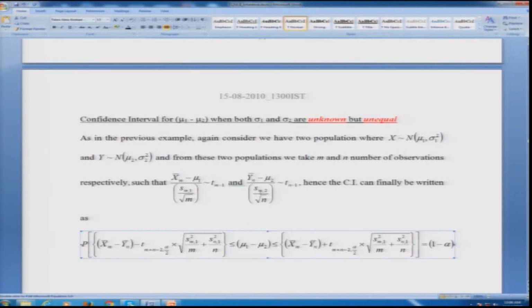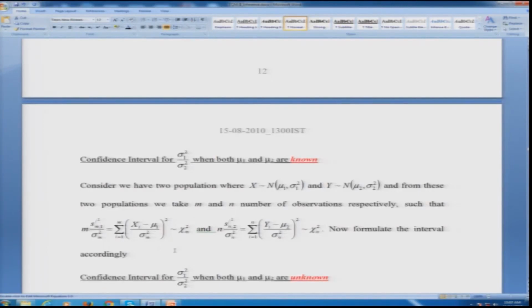My mistake, this should be n. So, obviously this is n comma 2 and then you solve the problems. If you go on to the right hand side, the upper value of the confidence interval would be exactly the same with a plus sign before t.